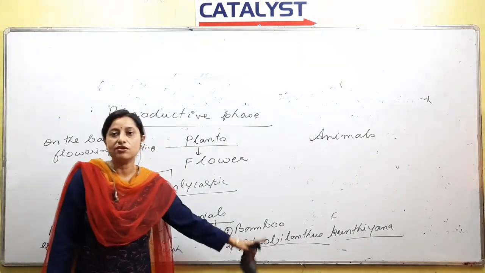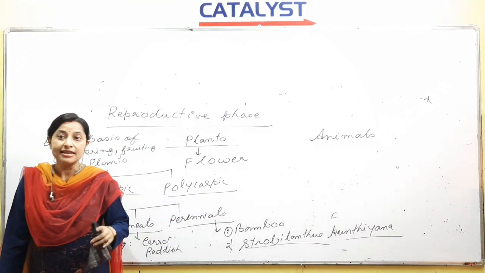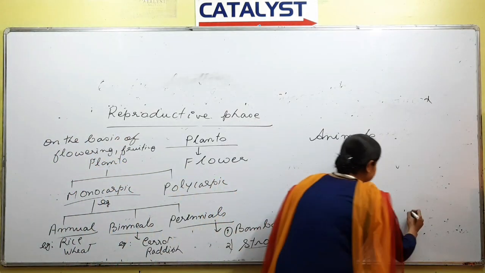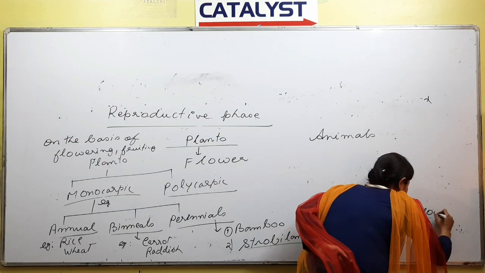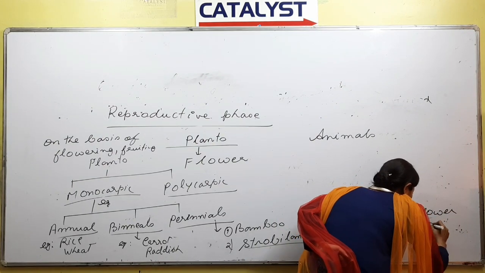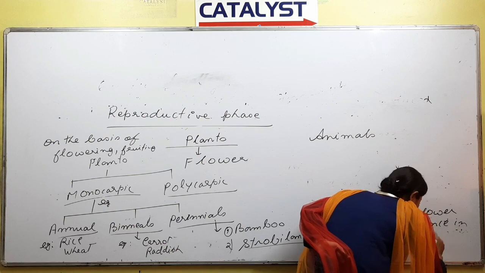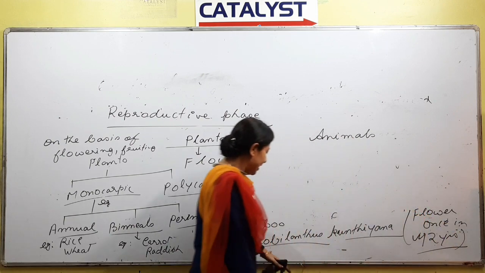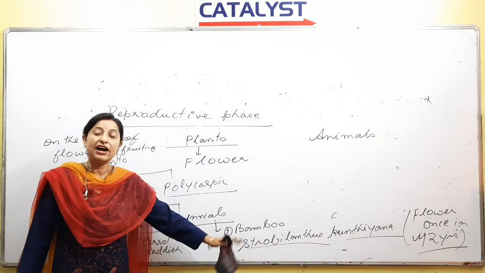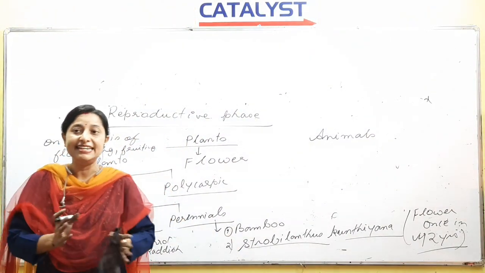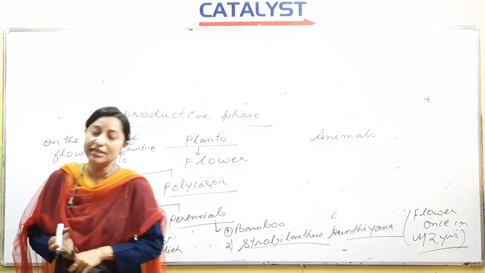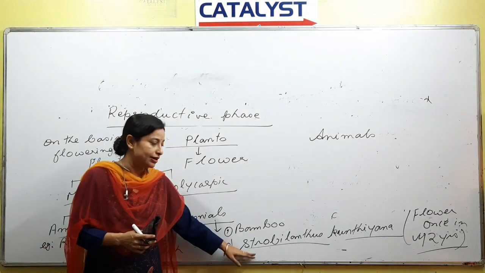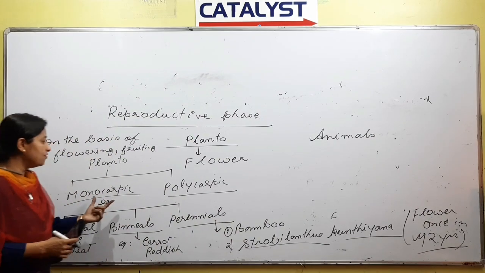Another point that you have to remember is that it flowers once in 12 years, so remember 12 years. Next, where can you find this flower in India, especially in southern India, Kerala, Karnataka, Tamil Nadu? On the hills of these three states you can see this flower. So these are the examples of monocarpic, right?